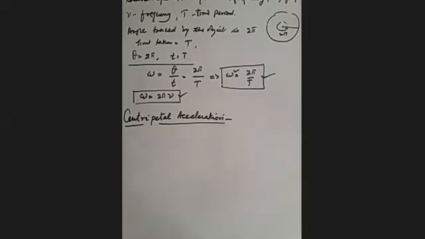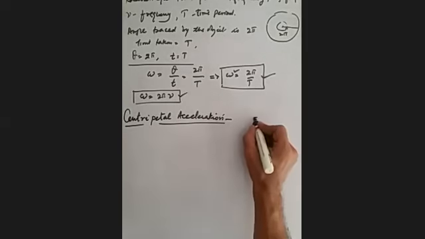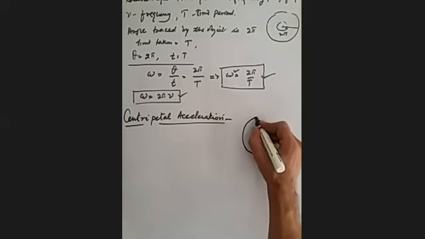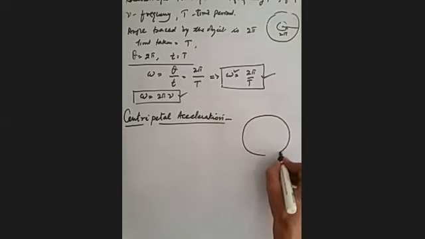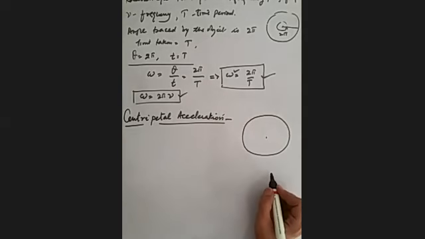Centripetal acceleration. Suppose a particle is moving on a circular path with uniform velocity. Then you will see that the velocity vector at any instant, suppose at t, is along the tangent.